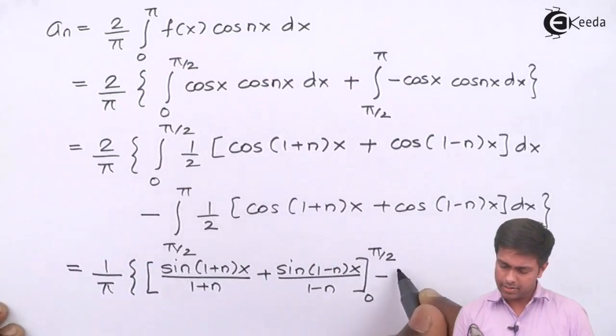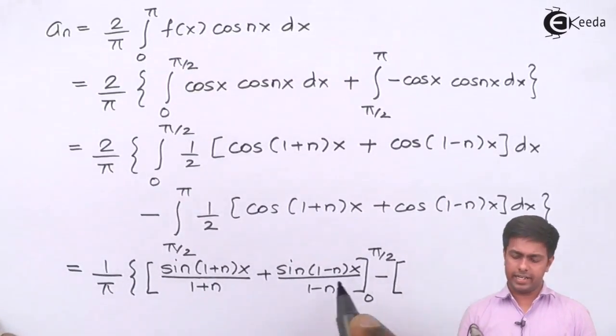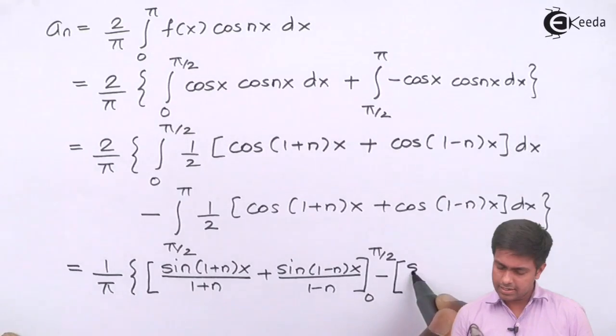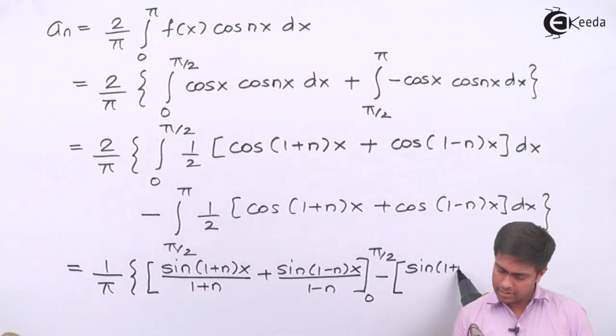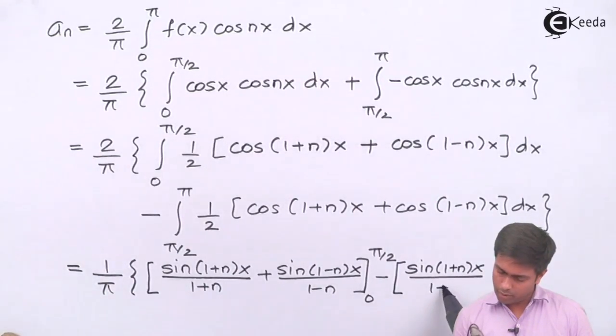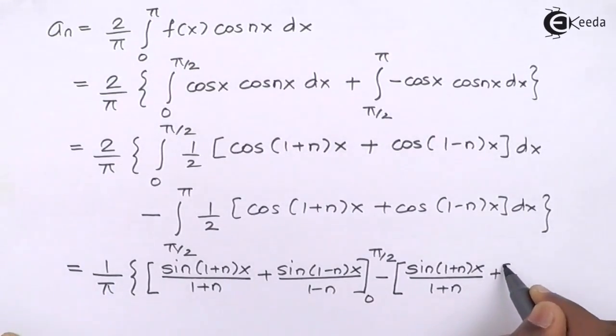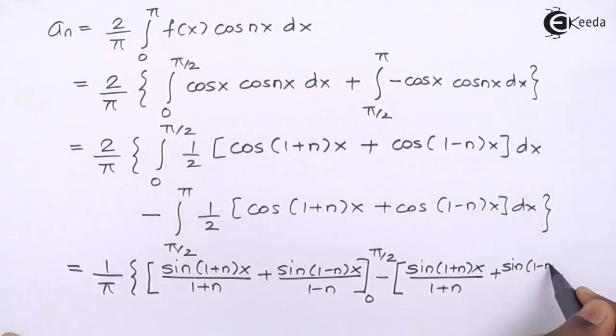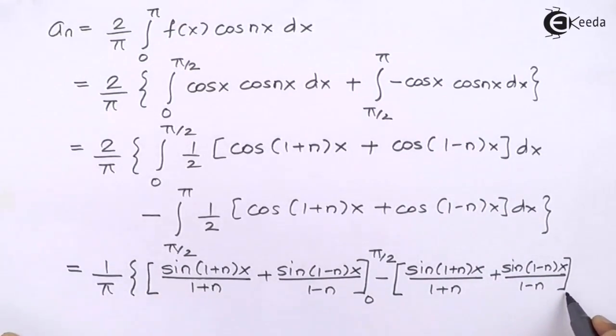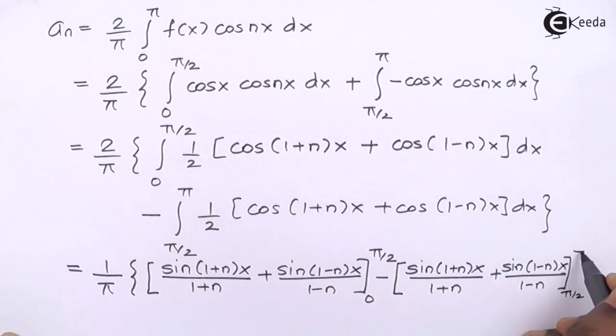Middle sign minus. Now again the integration of this cos, which is sine of 1 plus n into x upon 1 plus n, plus sine of 1 minus n into x upon 1 minus n, from pi by 2 to pi.